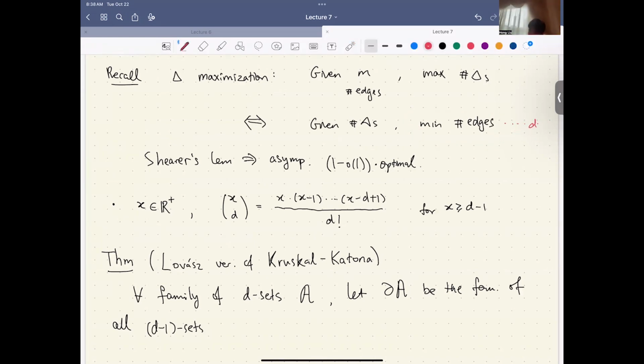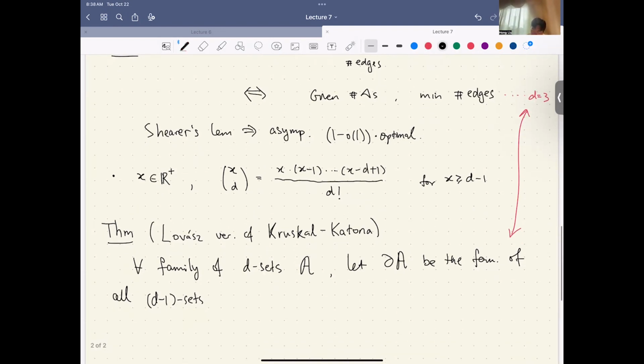This is d equal to 3. These are the d minus 1 sets, K_{d-1} sitting in K_d sets, contained in some members of A.